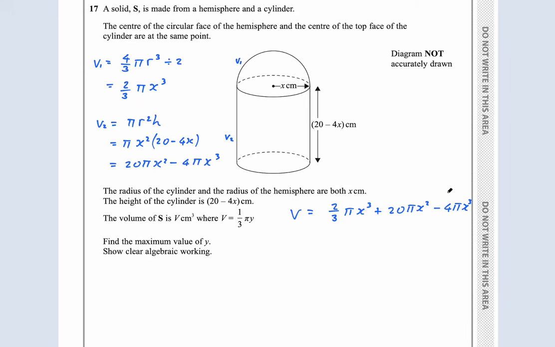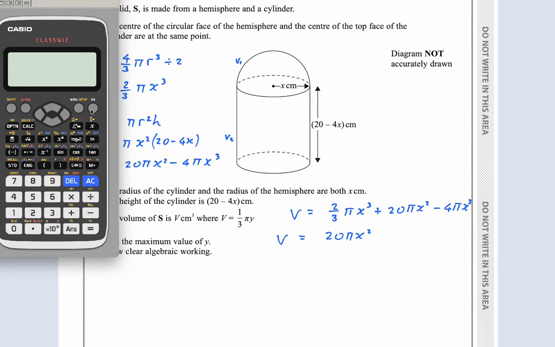Okay, this is the volume. I could, well, let's do this. I can write this as 20 pi x squared, which is this, and then because these are both x cubed terms, I can add them together. So it's 2/3 pi x cubed minus 4 pi.